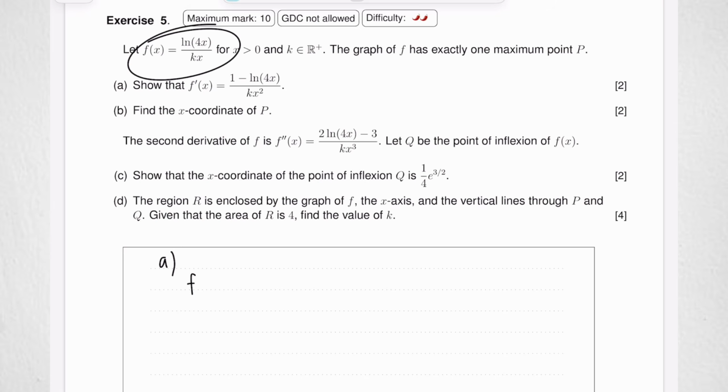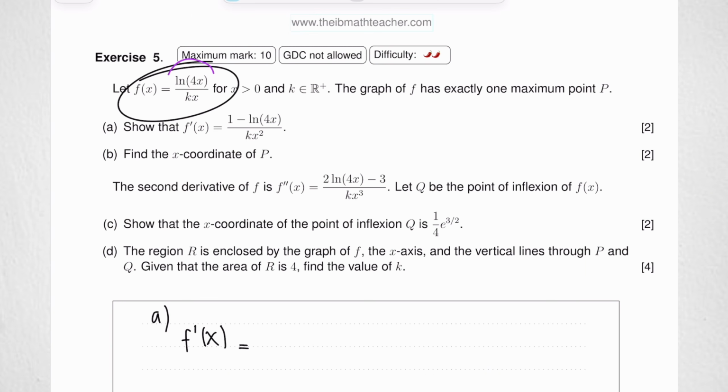All right, so on to the last exercise ever, Calculus 1, given that it's exercise number 5. So an exercise from topic 5. We have a function, which is this. And in question A, we're going to differentiate it using both the quotient and the chain rule. The chain rule, of course, being the ln of 4x.